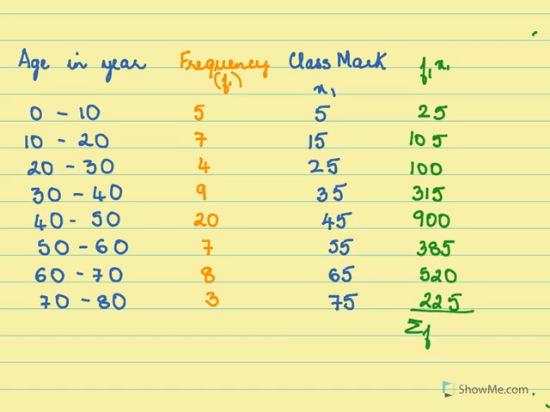Next we find the total here, summation fi xi, which comes as 2575. And then we need to find the total number of observations, which is summation fi, and in this case it is 63. Now the formula for mean, this is the direct method, summation fi xi over summation fi, and the total was 2575.